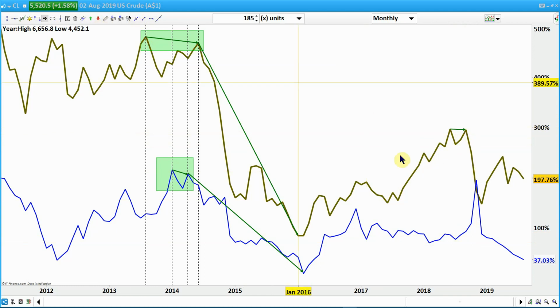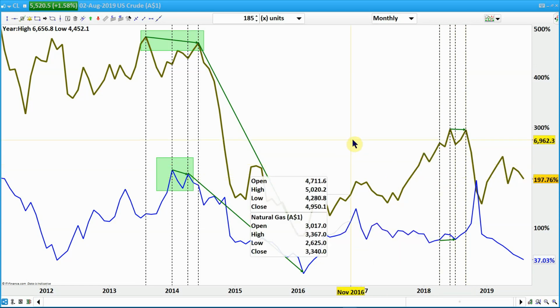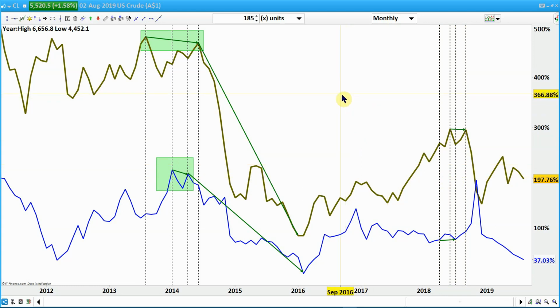Natural gas also made a higher low here, because crude oil made June 2018 and September 2018, but natural gas did April 2018 and July 2018. So there is a little bit of time lag. We need to capture this.